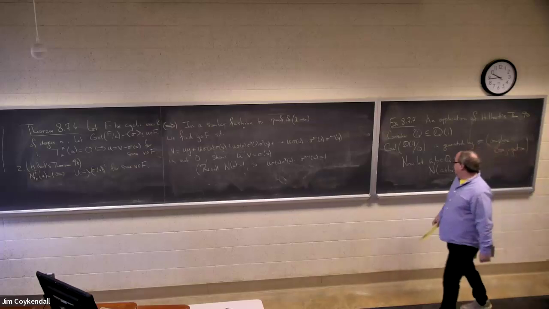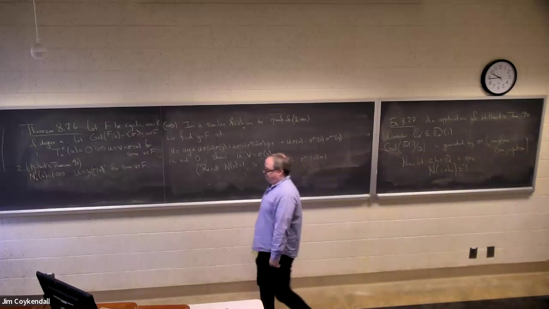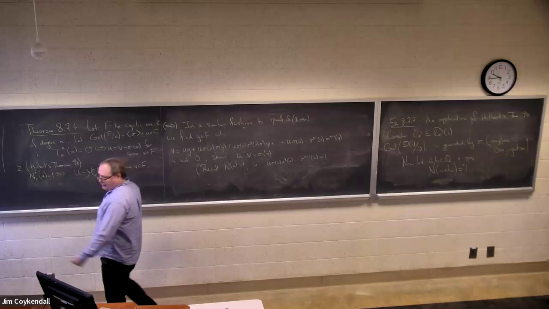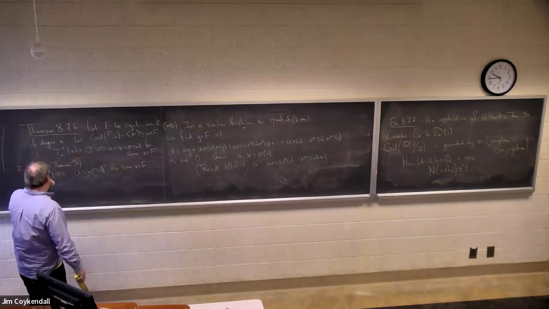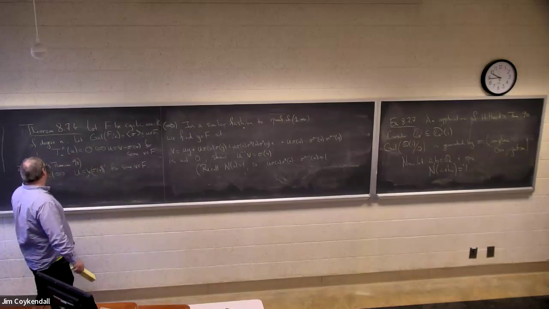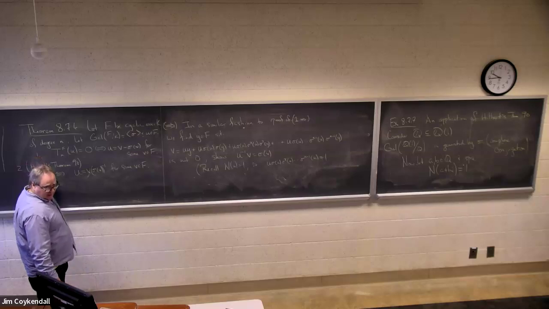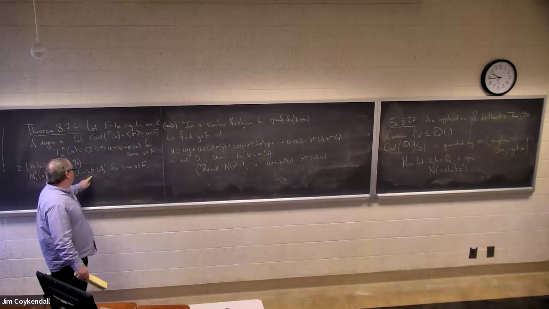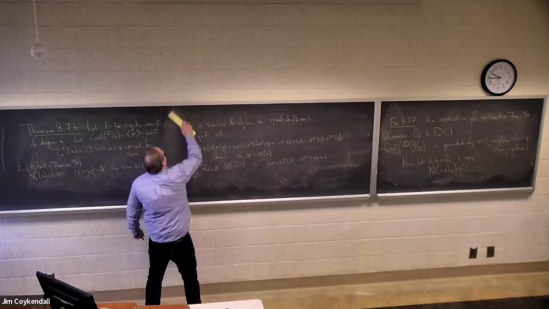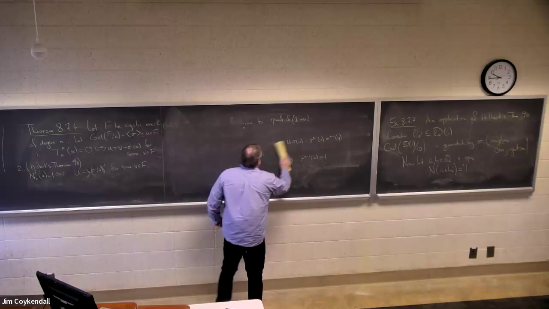This is an element in the Gaussian rationals. Hilbert's theorem 90 says that this element, u, of norm 1, must be of this form. So let's see what we can get out of that.